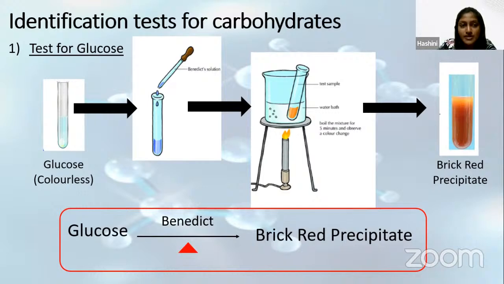But the solution has a milky appearance, so we filter it using a filter paper and get the filtrate. If we directly dissolve the glucose in water, it appears milky.